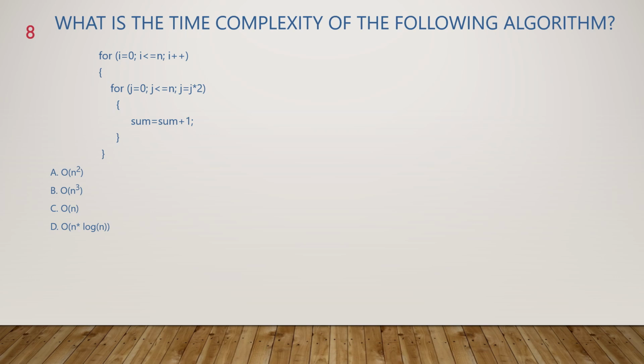And then sum is equal to sum plus i. Based on this, the choices are: A, big O of n squared, B, big O of n cubed, C, big O of n, D, big O of n log n.